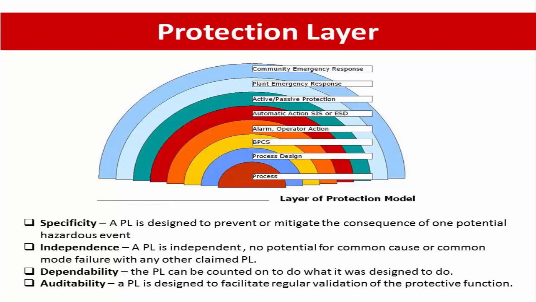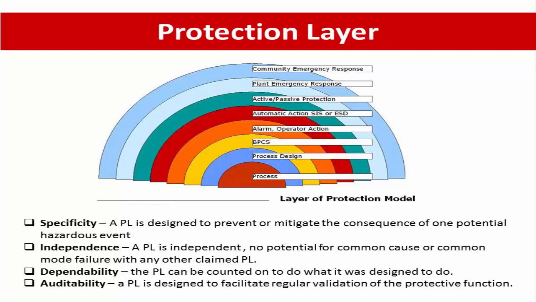Specificity. A protection layer is designed to prevent or mitigate the consequence of one potential hazardous event, so multiple causes may lead to the same hazardous event, and therefore multiple event scenarios may initiate action by the same protection layer. Independence.